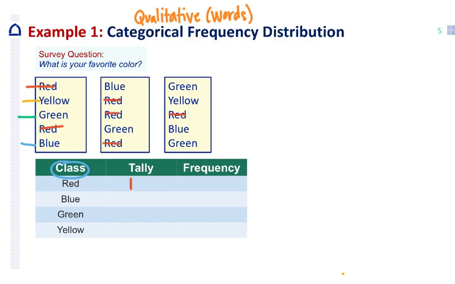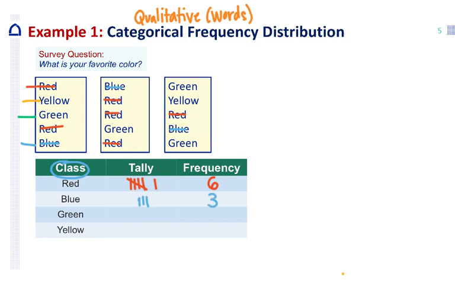When you make a tally table, you do 1, 2, 3, 4, 5 like this, so it's easy to count, and 6. Then we can just write the number 6. That was how many people said red was their favorite color. Blue is next in my categories. 1, 2, 3. I think that's how many people said blue.